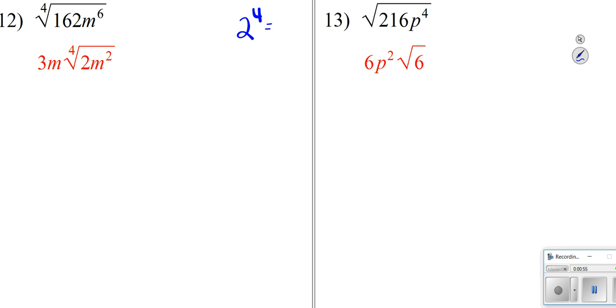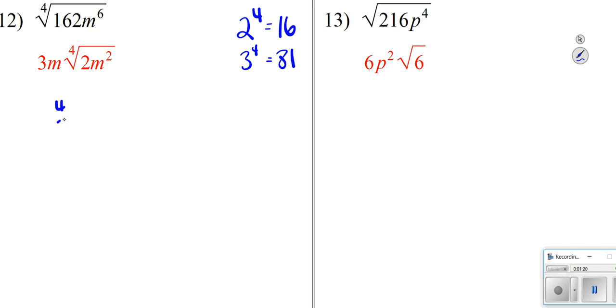2 to the fourth power gives us 16. 3 to the fourth power: 3 times 3 is 9, times 3 is 27, times 3 is 81. We could go higher, but we're going to surpass 162. So 81, we'll look at 162 divided by 81, and that gets you 2.